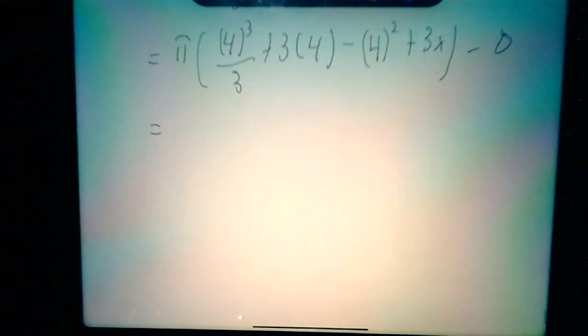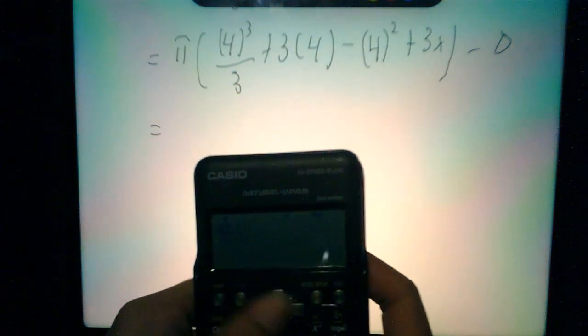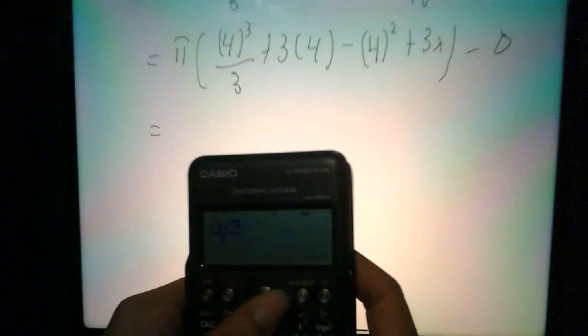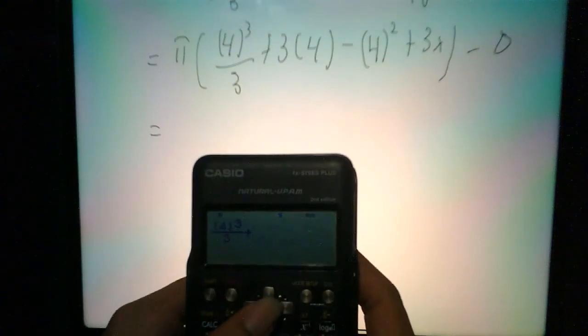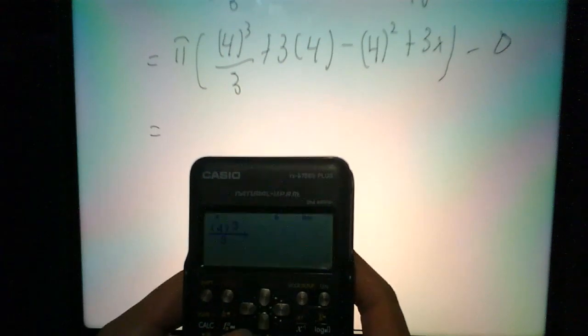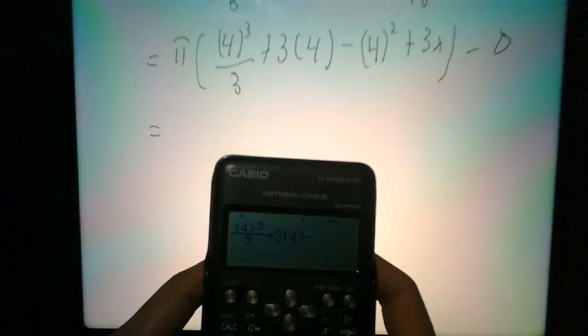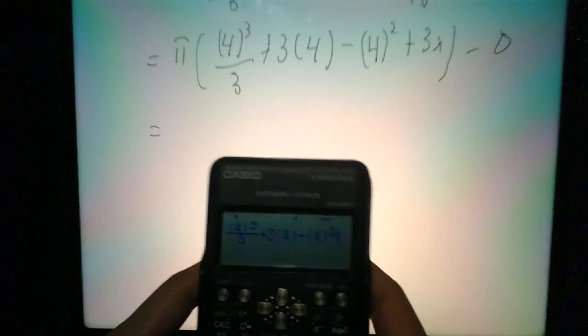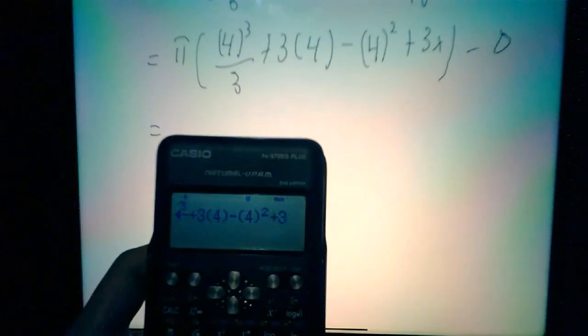Let me get my calculator here. So 4 raised to 3 over 3 plus 3 times 4 minus 4 squared plus 3 times 4.